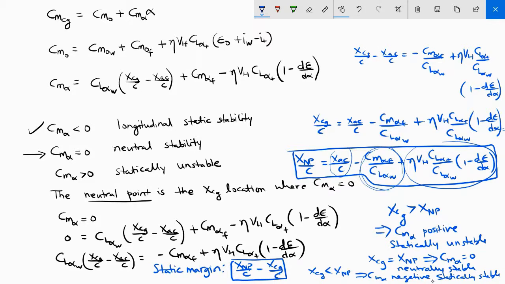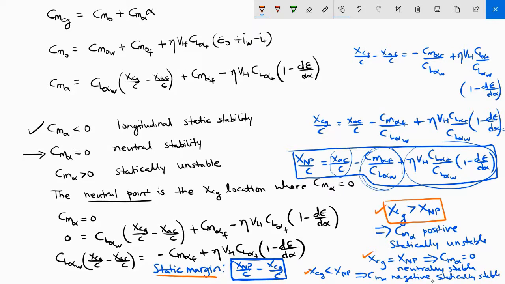So let's apply these conditions to the definition of static margin. When xcg is greater than xnp, the aircraft is statically unstable. That means when the static margin is negative, the aircraft is statically unstable.